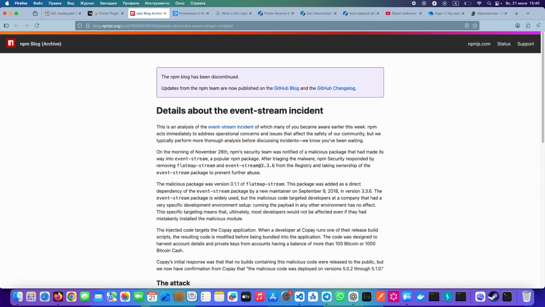One of the interesting supply chain attacks happened in JavaScript and npm: there was a package called event-stream in JavaScript. I'm not really related to JavaScript, because I learned it a lot of years ago, and I don't know what's going on there right now.